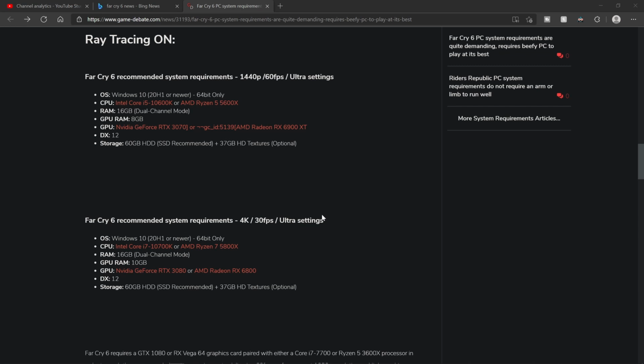That makes no sense to me. I don't get it. I honestly don't know. If you know why this has happened, comment down below, or it could just be a mistake on Ubisoft's end, because I would presume you need a more powerful GPU than the 6900 XT to keep up with the 3080. I have no clue.